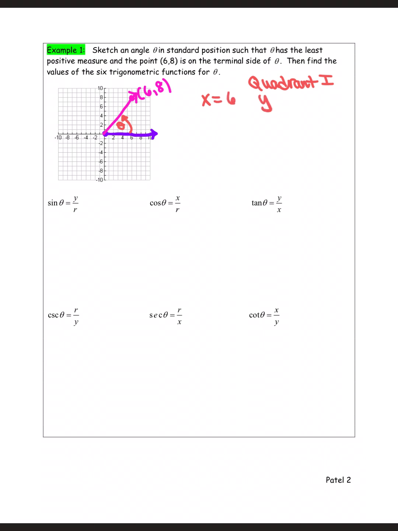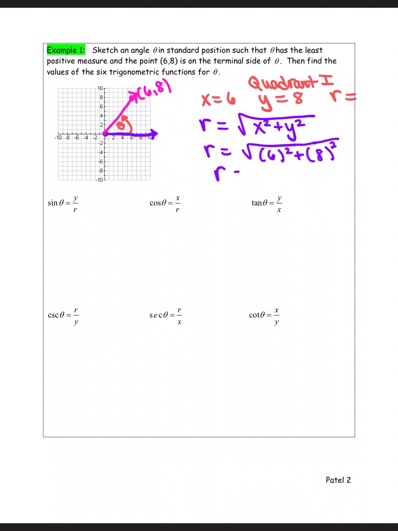6, y is 8, and r will always be positive, so we're going to find r by saying that r equals the square root of x squared plus y squared. So r is equal to the square root of (6 squared) plus (8 squared).